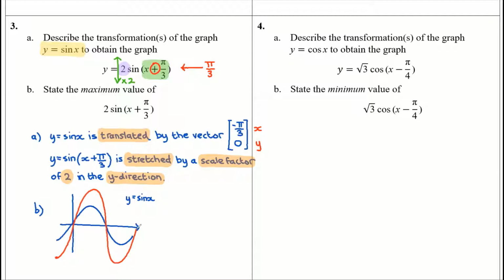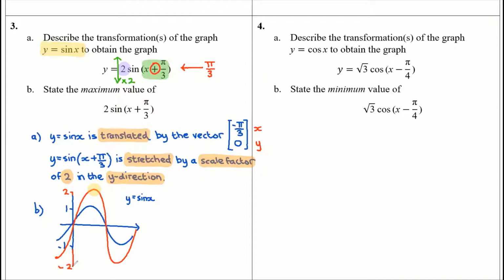So if we've gone from a maximum value of 1, which is how sine is defined, and a minimum value of -1, then obviously if I'm stretching by a scale factor of 2, this maximum now is not going to be at 1, is it? It's going to be at 2. So that maximum is going to be at 2. And similarly, the minimum is going to be at -2. So it's just a bit of a crude sketch.